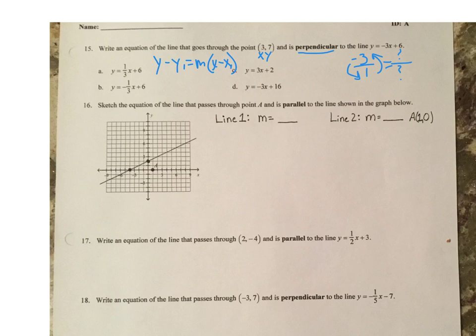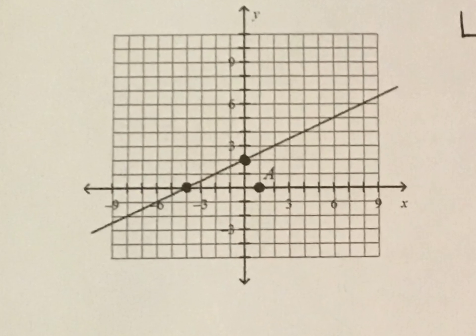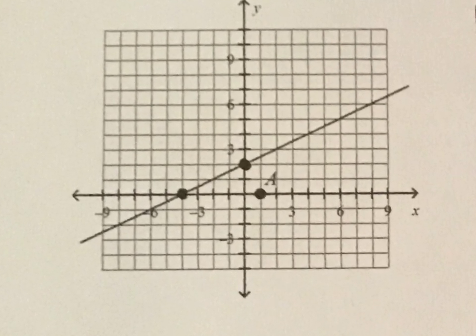Okay, number 16, we're going to write the equation of a line that's parallel with this guy. He's going to be parallel, and we're going to draw him, but he goes through this point here. So we need the M of the first line. So you zoom in here, and so this is -1, -2, I should say.